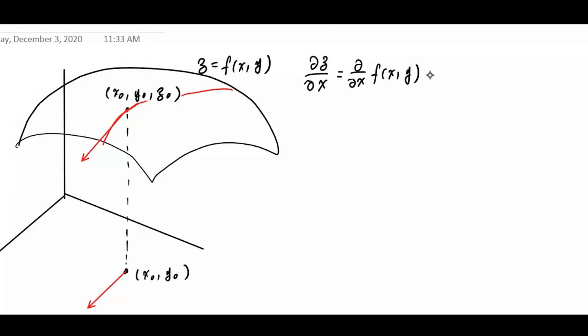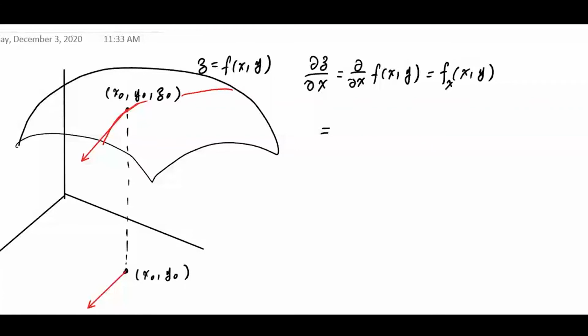Some books, instead of prime, because prime means we don't know with respect to what, x or y, use a subscript, f sub x, like that. And you may or may not put this x, y. Okay, all of that means this.